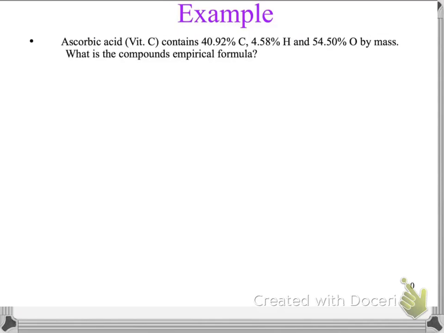So let's start out by trying to determine the empirical formula of ascorbic acid, which is vitamin C, given some percentage by mass of each particular element in that compound. So elemental analysis indicates that there's 40.92% carbon, 4.58% hydrogen, and 54.50% oxygen. So first step, assume you've got 100 grams.